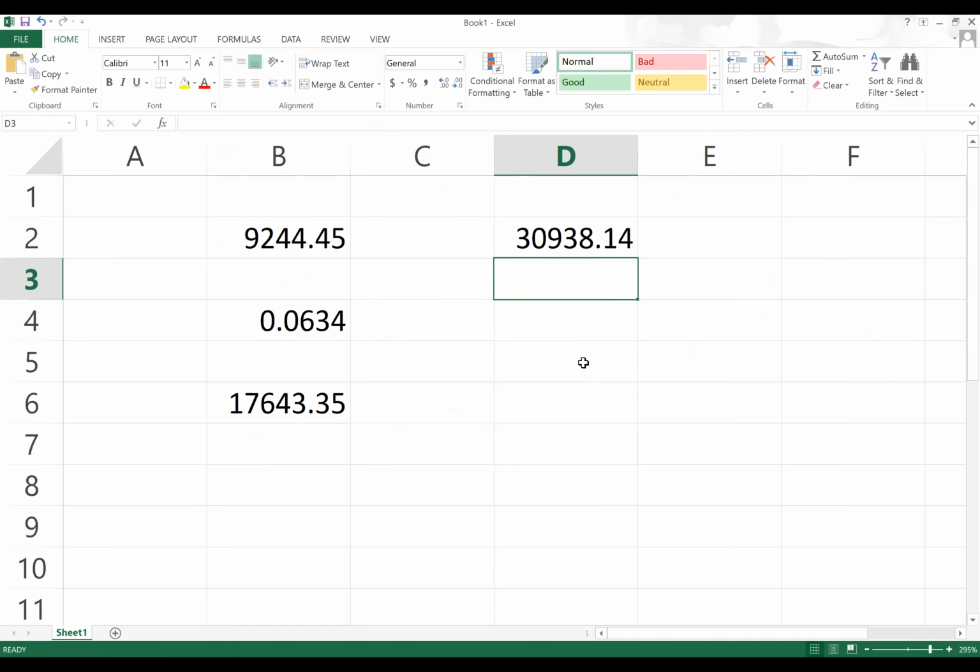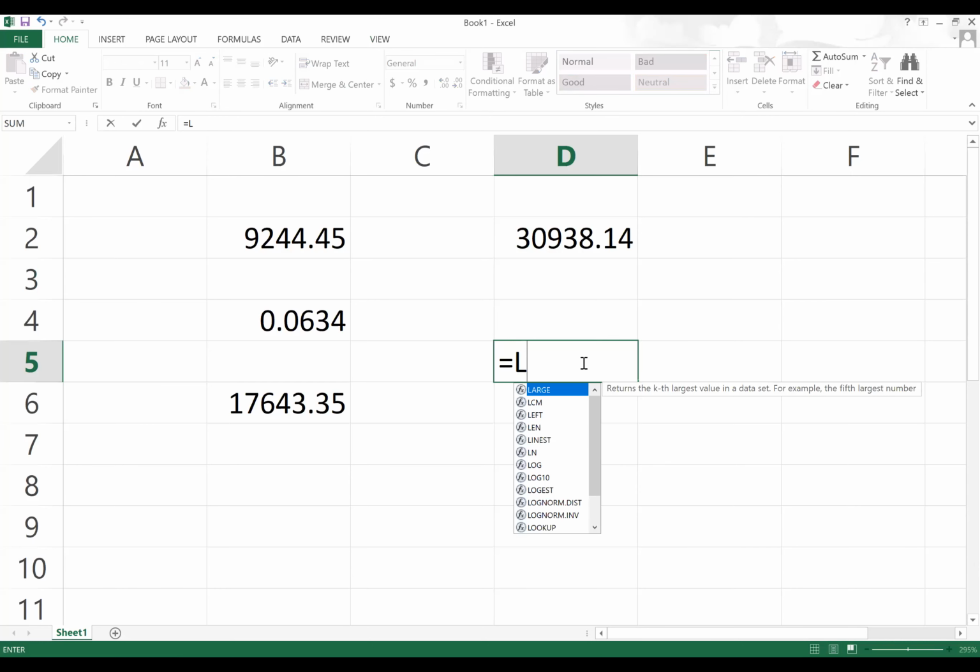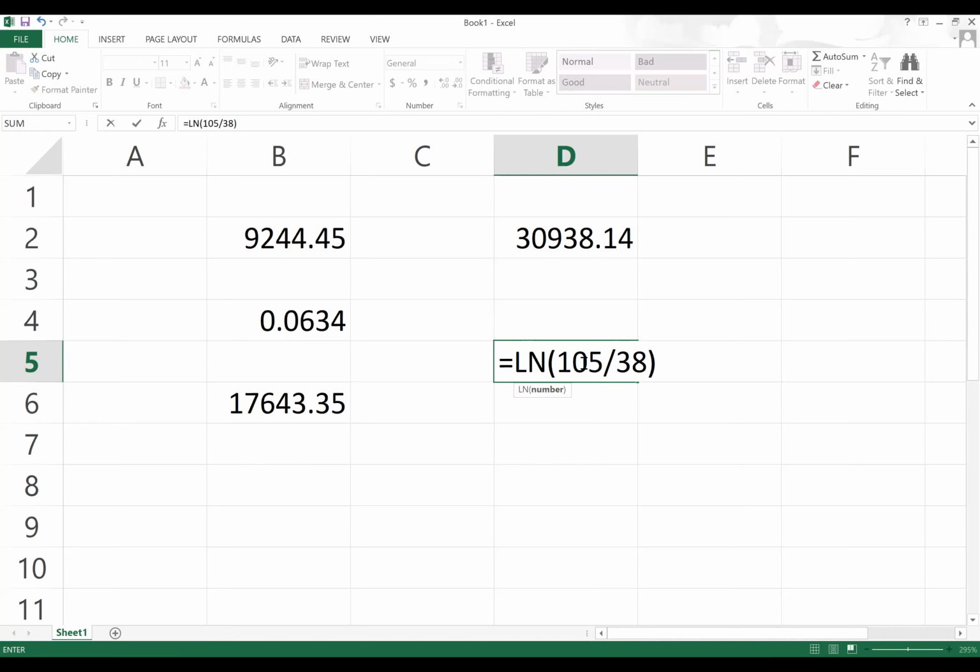So it's going to be equal to Ln of 105 over 38. That's the numerator, and dividing by the denominator, open parentheses, 52 times Ln of 1 plus 0.0445 by 52.